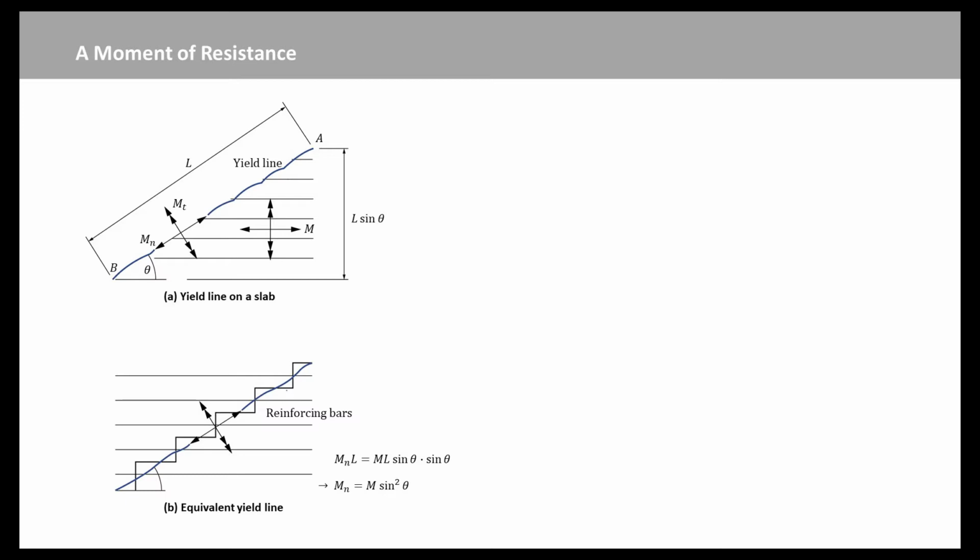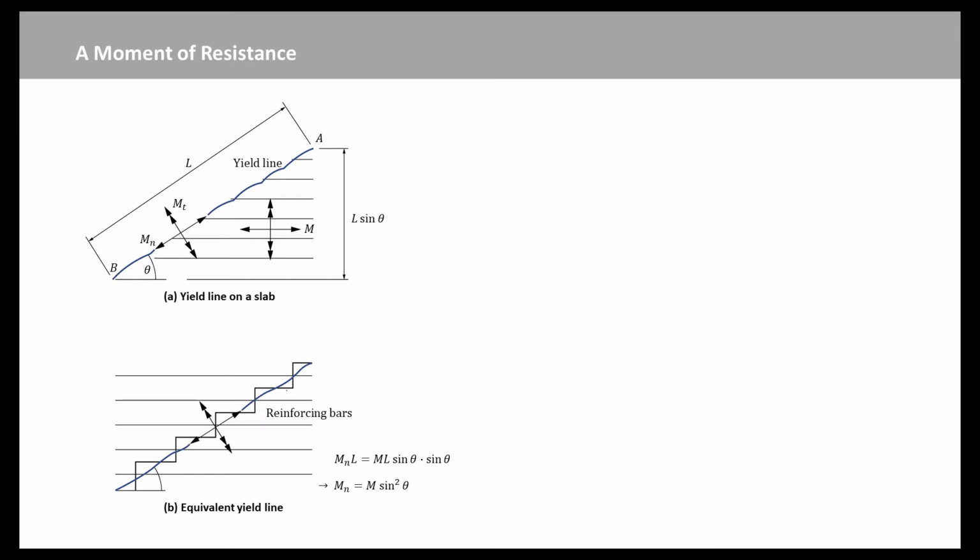It might help to visualize the yield line as a series of slips as shown in Figure B. Along AB, the total moment of resistance of the bars crossing the yield line is m times L times sin theta: the moment of resistance per unit width multiplied by the projection of the yield line perpendicular to the direction of the reinforcing bars.